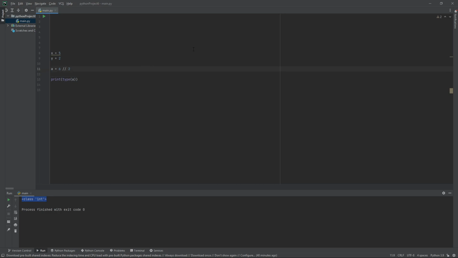Now, there's one more. This one right here. This is known as the modulo operation. If you were to do 6 modulo 2, what's that going to give us? Print a.